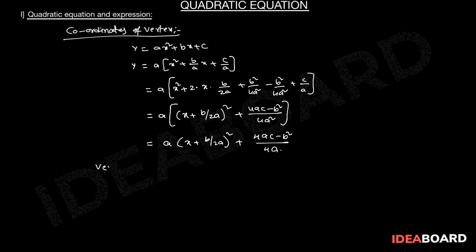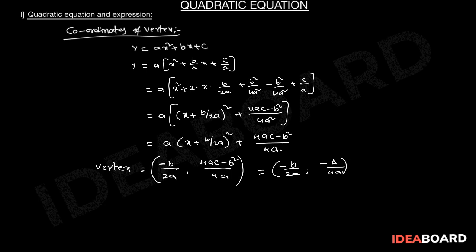Therefore, the vertex of the curve equal to (minus b by 2a, (4ac minus b square) by 4a), that equal to (minus b by 2a, minus delta by 4a).